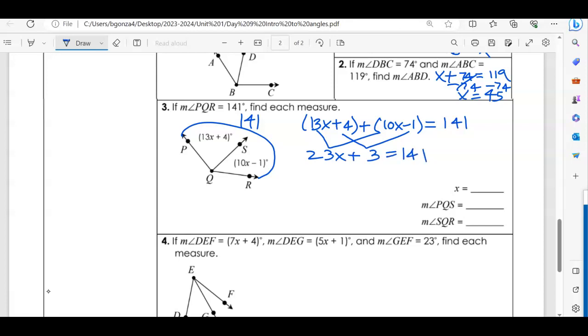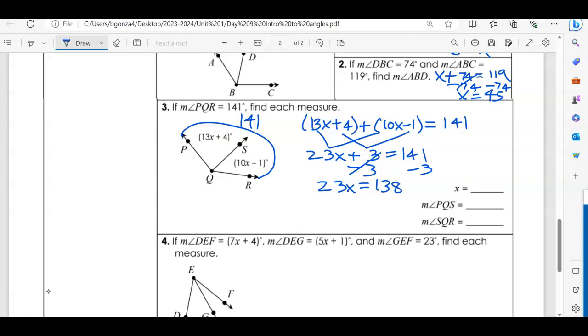Now, can I solve that? It's a two-step equation, so what do I get rid of first? The loner is 3, so how do I get rid of a positive 3? Minus 3, minus 3. The 3's cancel. 23x equals 141 minus 3, which is 138.